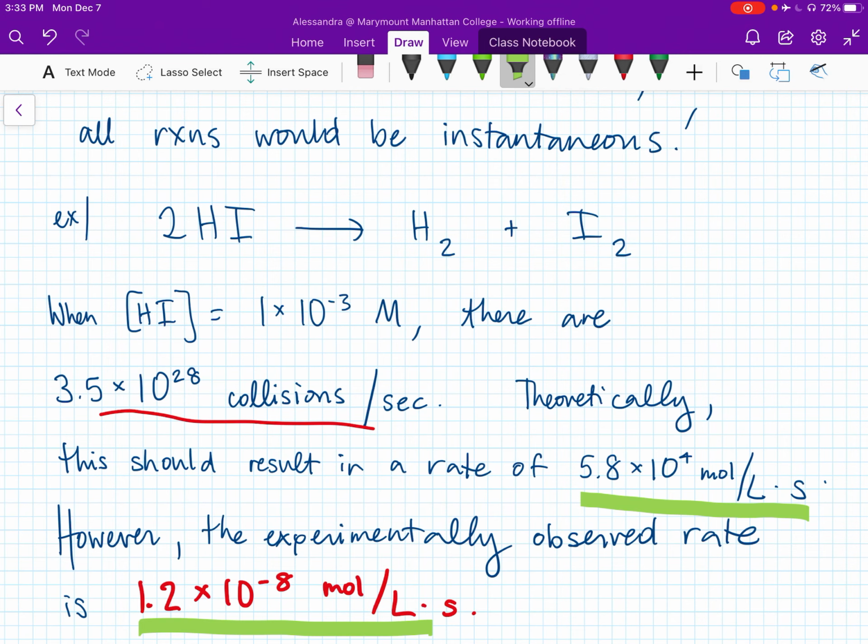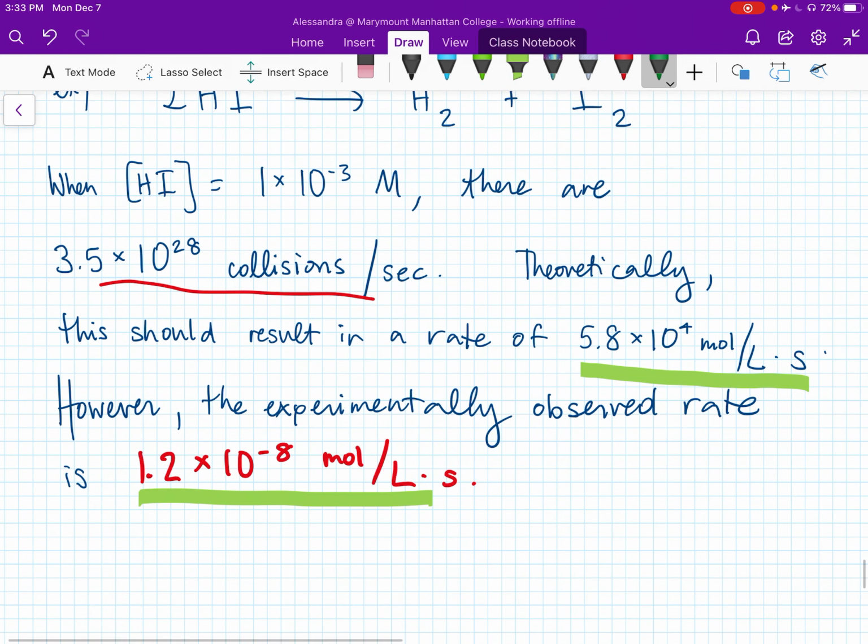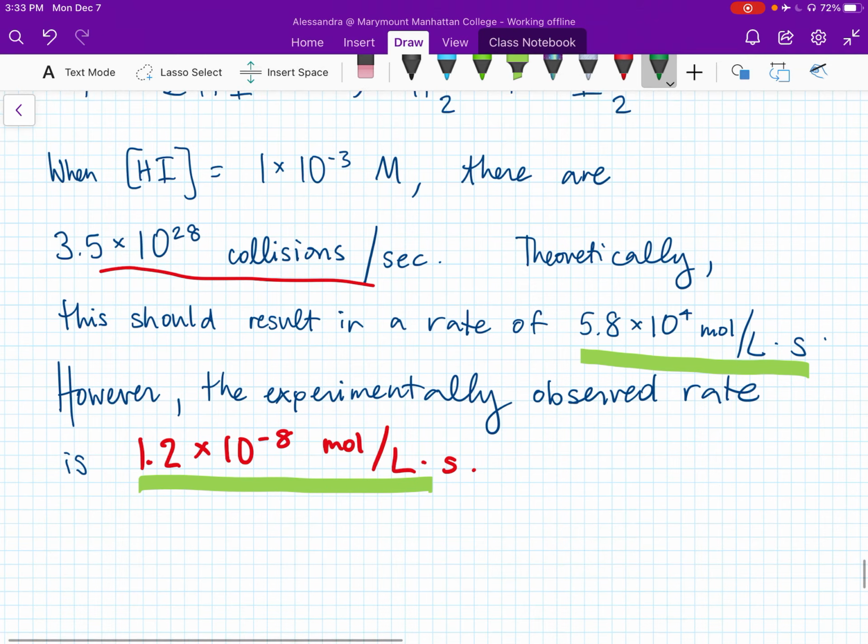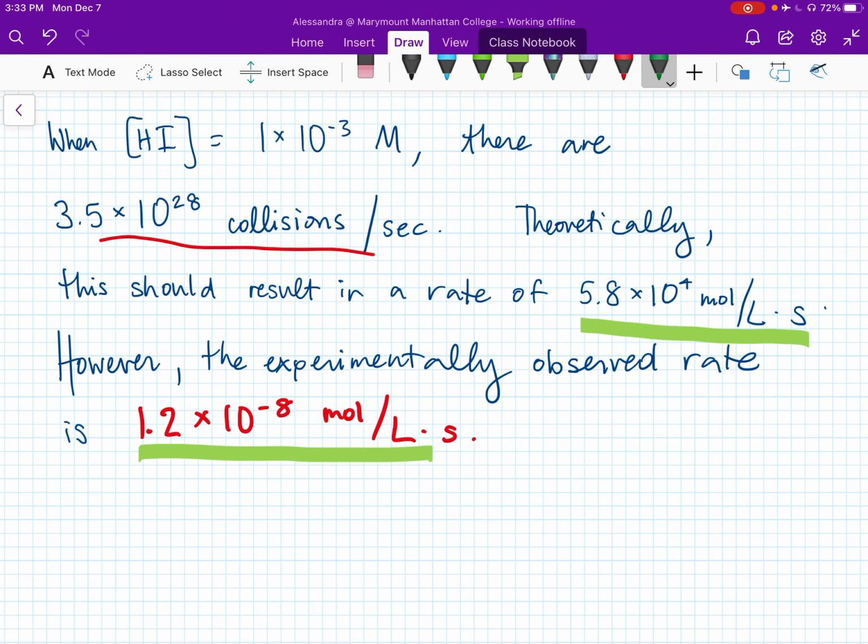So what this is telling us is that reactions do not occur instantaneously, clearly, and obviously, not all collisions result in a chemical reaction. Okay, so that is the limitation. Obviously, not all collisions produce a reaction.